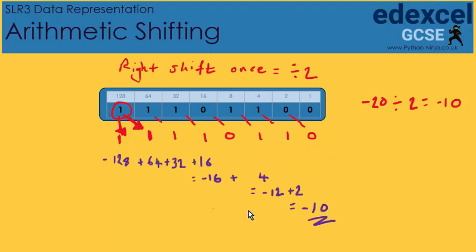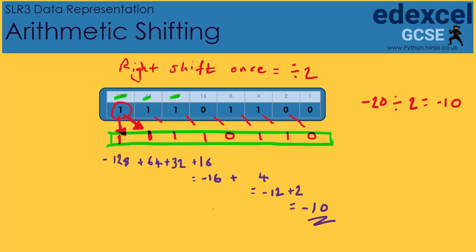So hopefully you did your calculations and it came out something like this. Remember we are calculating what this number is. So it's minus 128 plus 64 plus 32 and plus 16 as well.